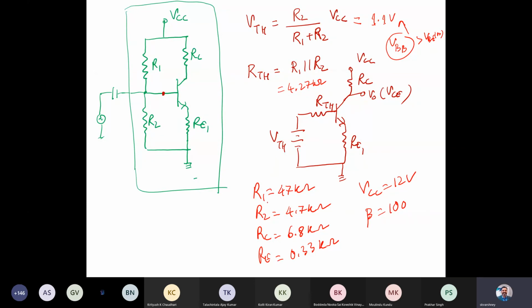IB would be VTH minus VB on, which we take as 0.7, divided by RB, where RB means RTH plus (1 plus beta) into RE.